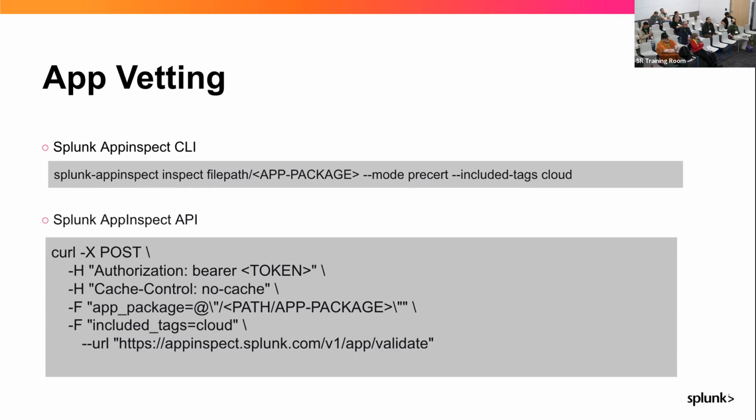You want to make sure the apps you're installing are more secure, more structured, and go through some level of quality testing, and that your packaged app doesn't have syntactical issues or a known old version of jQuery or Python 2. So making sure your app is up to date. That's where the Splunk AppInspect CLI tool comes into play. There is an API version as well, as Sandeep mentioned, which is basically what is used in the CLI tool.